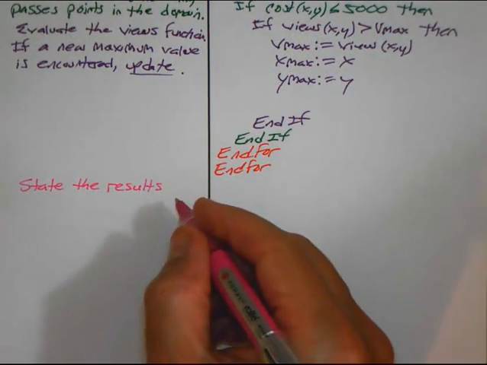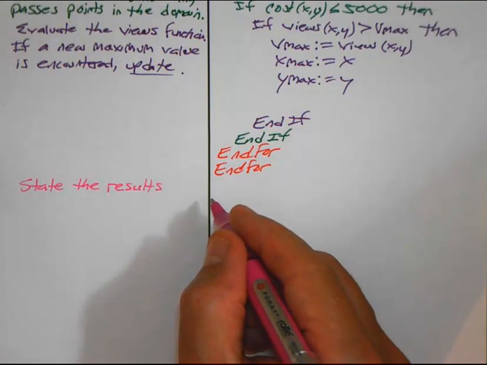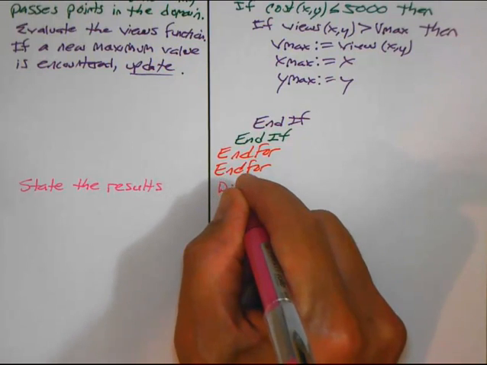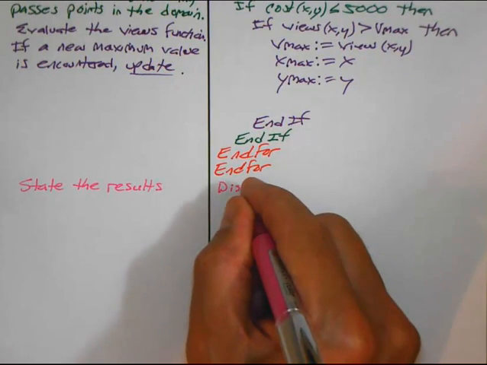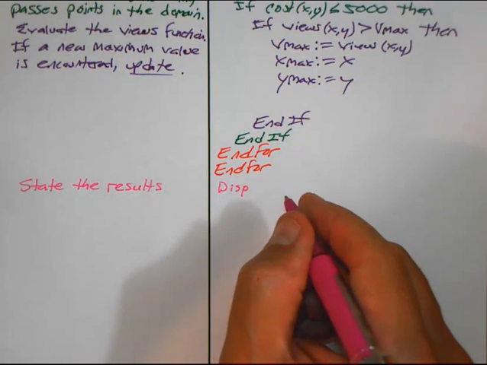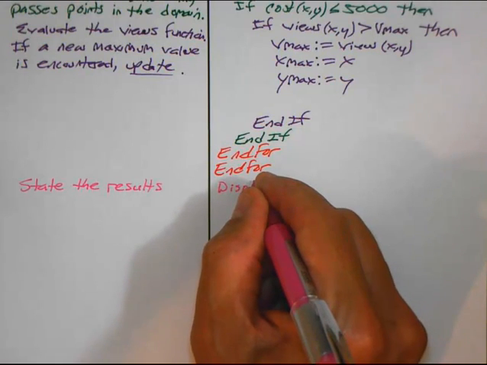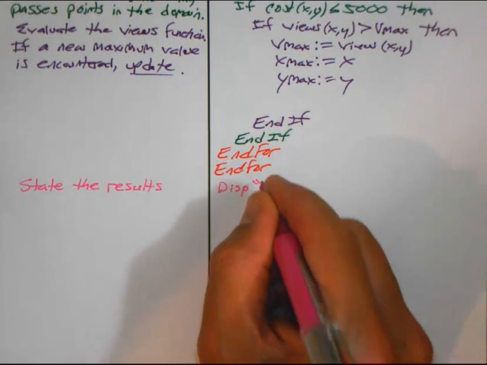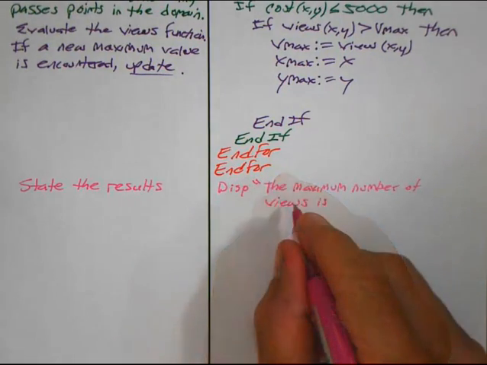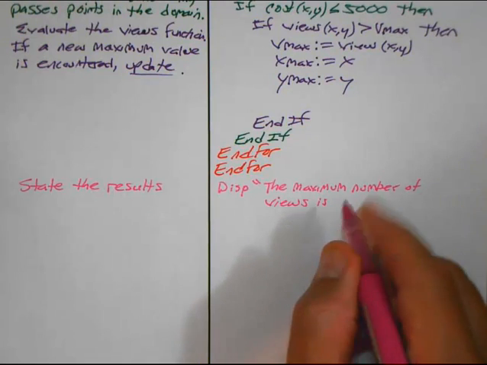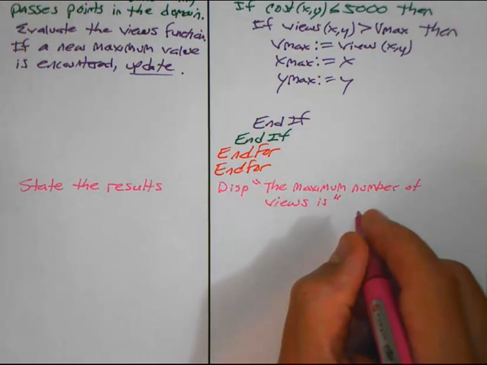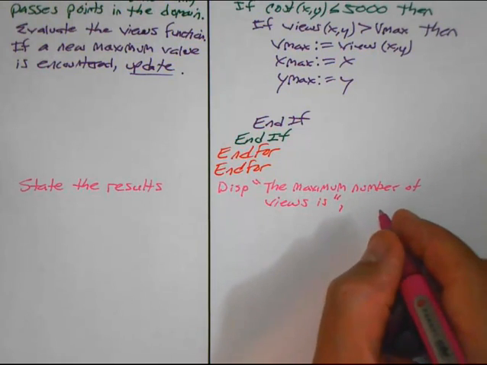Alright, so we've come out of here and it's time to state the results. For that we need to use a display command, disp, and it would be nice to make a sentence that explains what we've got here. The first thing to do would be to use some quotations so that you can use text. And the quotation could read something like, the maximum number of views is, and then this would be the end of text, so we need to put the other quotation mark here, a comma, so that something else is displayed.